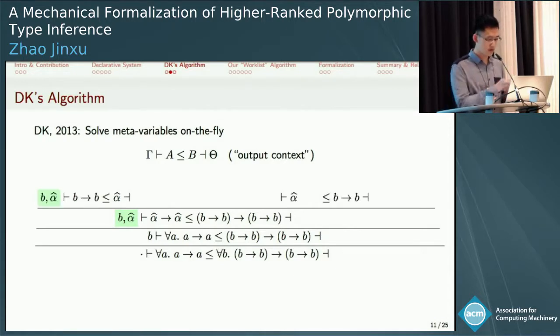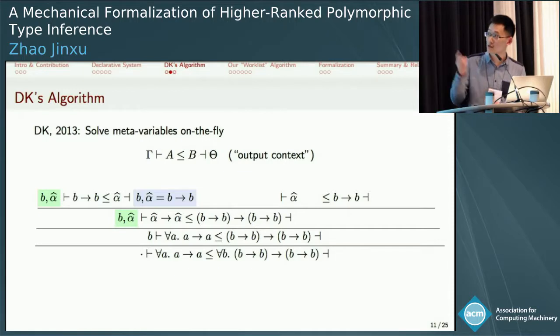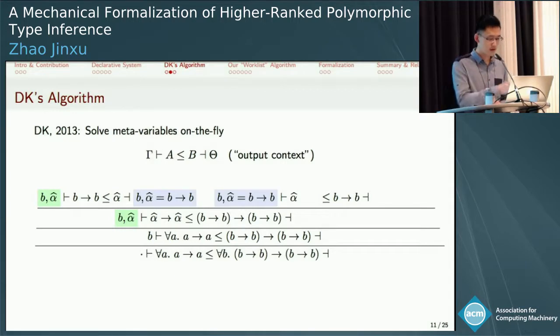And now the problem is to compare two functions. So we first compare their argument types in a reverse manner, and then the return type. The first problem is easy. We just solve the unification variable to b arrow b. The reason why we can solve that is because b is defined before alpha. So b arrow b is a valid solution for alpha. And that is also the input of the second branch.